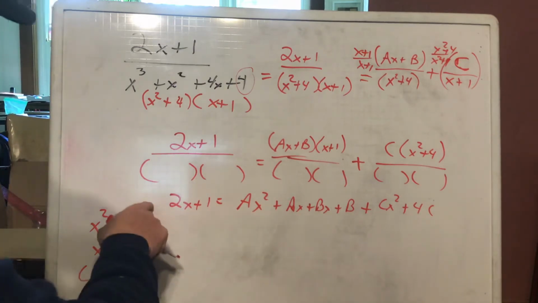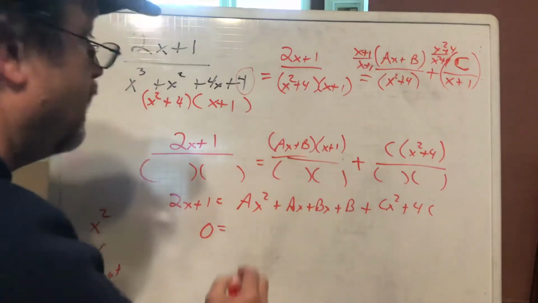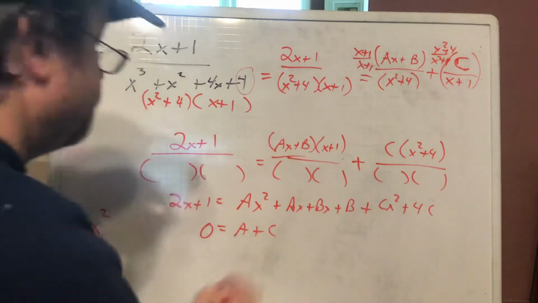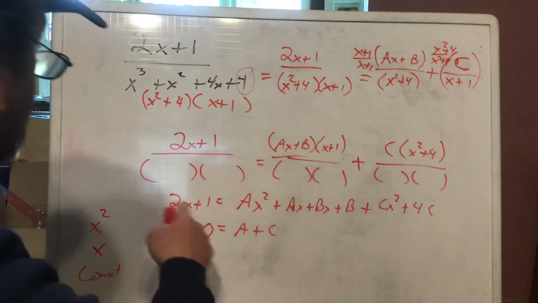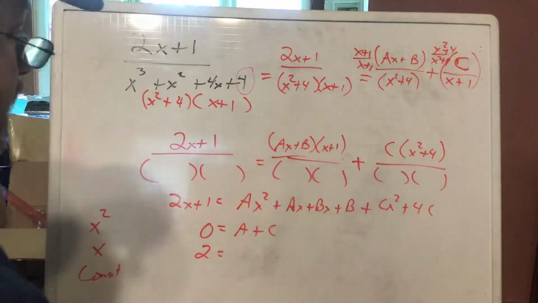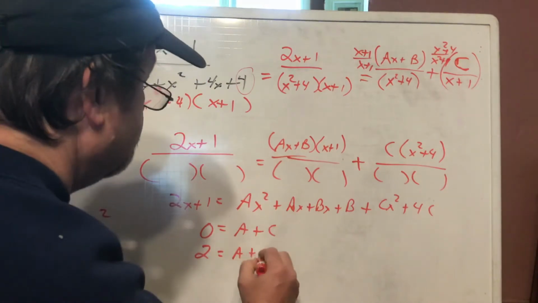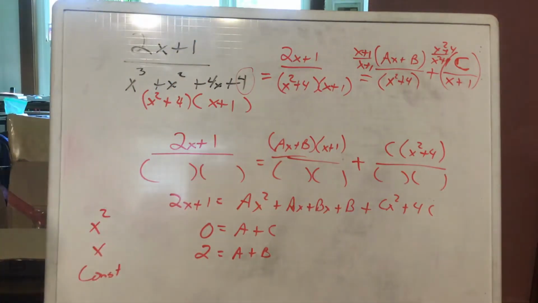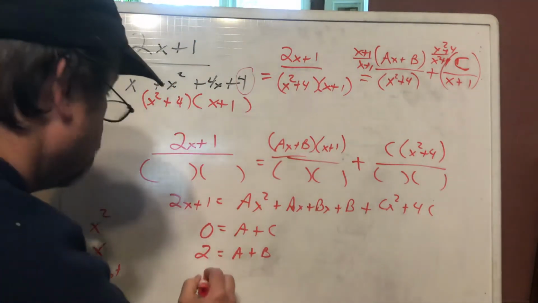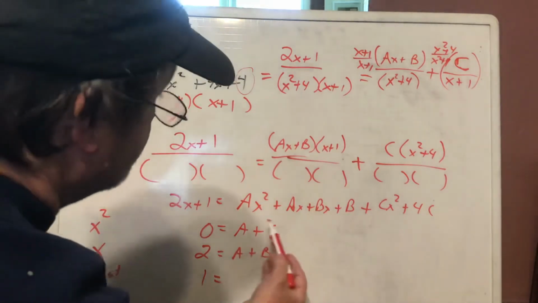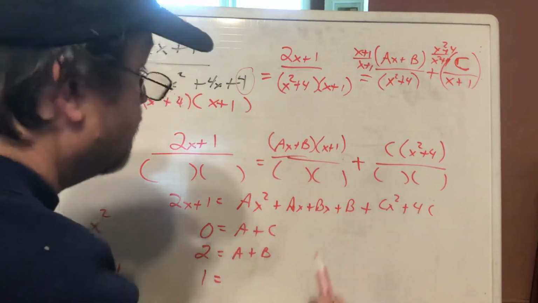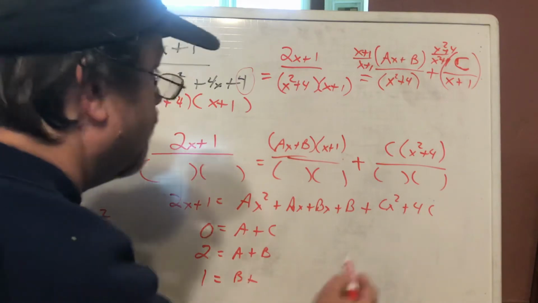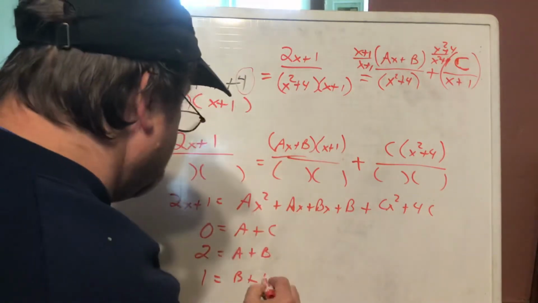The x squared equation is 0 on the left side, and on the right side it's a plus c. The x equation is 2 on the left side, and on the right side I have a plus b, and that's it, no c. The constant is 1 on the left side, and on the right, let's see, variable, variable, variable, constant, variable, constant.